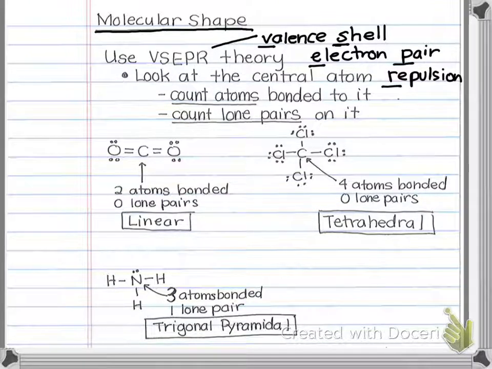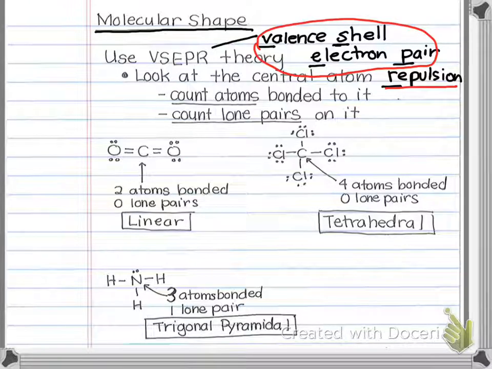Valence shell electron pair. So think about it. These first four words, valence shell electron pair, are referring to the valence electrons. And then the word repulsion means to push away.